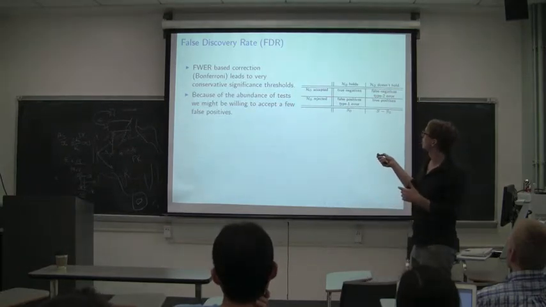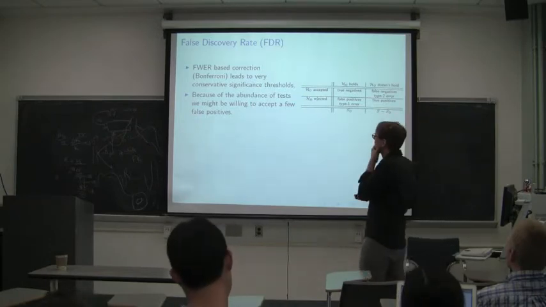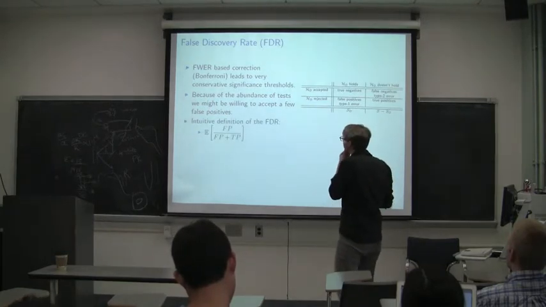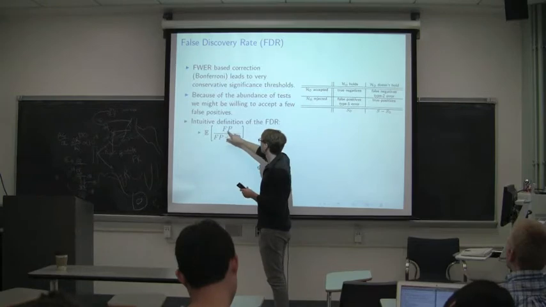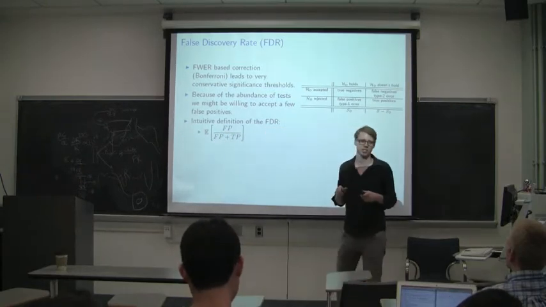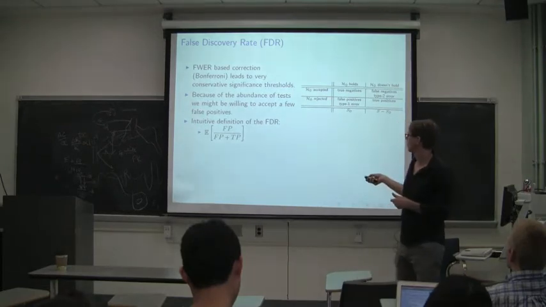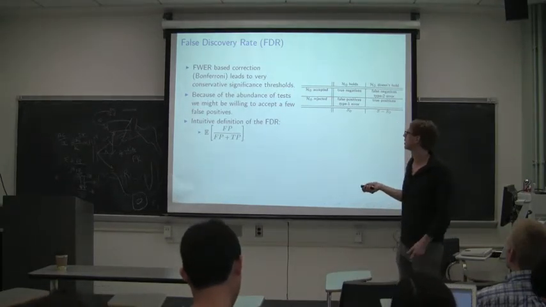Then what we want to do is bound the false discovery rate instead of the family-wise error rate. So what's the definition of the false discovery rate? It's the expectation of the number of false positives over the number of positives. So the false positives plus the true positives is everything that we call significant.